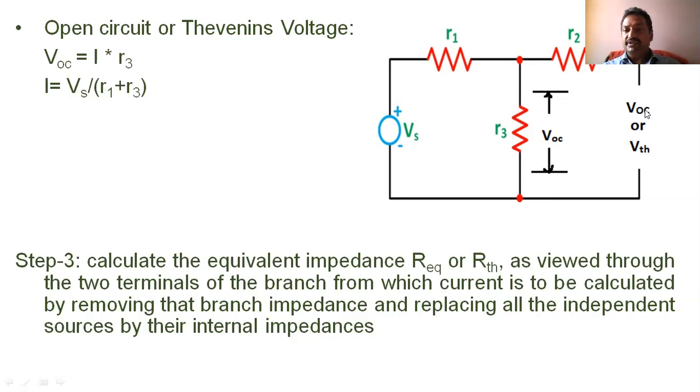Meaning, evaluate the equivalent resistance by reducing series and parallel combinations of resistance. If it is a voltage source, short it. If it is a current source, open it. Why? Because the internal resistance of an ideal voltage source is 0, so it is shorted, and the internal resistance of an ideal current source is infinity, so you open it.